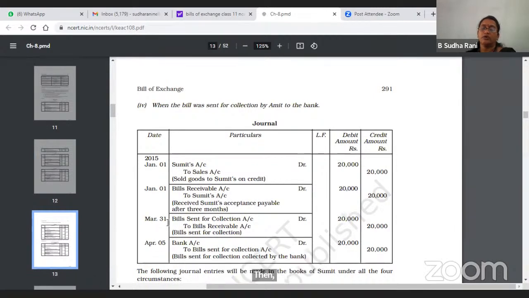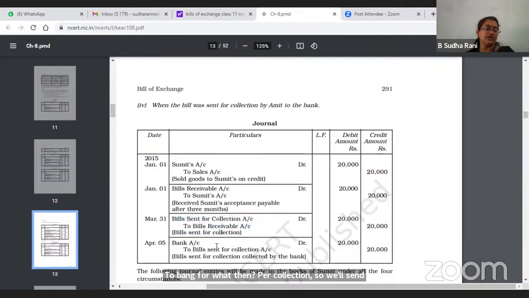So on March 31st, you should take the date and write bill sent for collection to bills receivable. The bill is going out, and where is it going? To bank. For what? Sent for collection. So bill sent for collection account debit to bills receivable account.